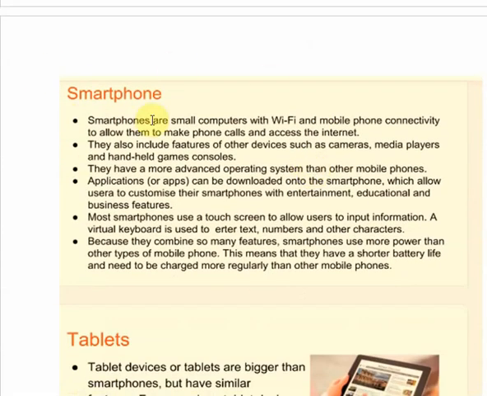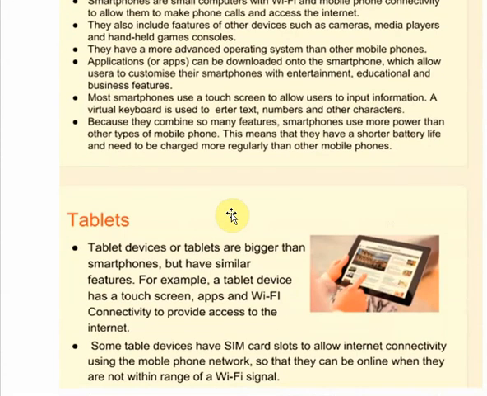Smartphone, I need not explain, this is a small computer, right? Now you can install software, apps, everything, and it supports many sensors. And the tablet is also similar to smartphones. This is a digital device similar to a smartphone. The difference is you can have a big display. Now certain tablets support SIM cards as well, so then you can connect to the internet using the SIM card, right?